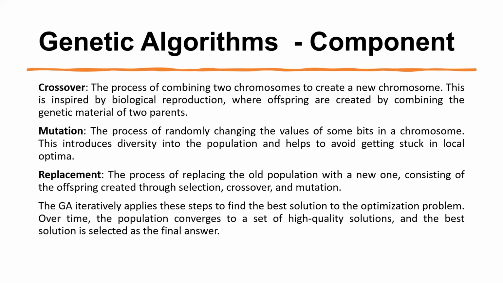The replacement is as usual. We will replace the old parents with the new offspring generated. This process happens iteratively until we have convergence to a high-quality solution, a best optimal solution. So we also have to decide how many iterations we would need to get to that convergence.